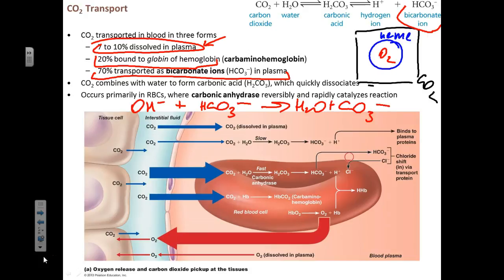So it can buffer, it can prevent rapid changes in the pH of the blood. Does that make sense? So that bicarbonate buffer in the blood is extremely important in homeostasis. And it also is important for the transport of carbon dioxide.